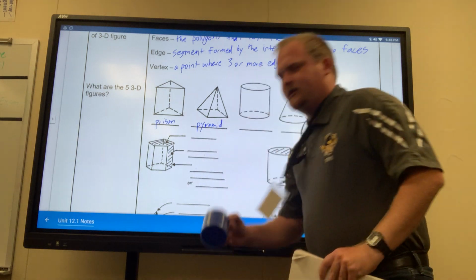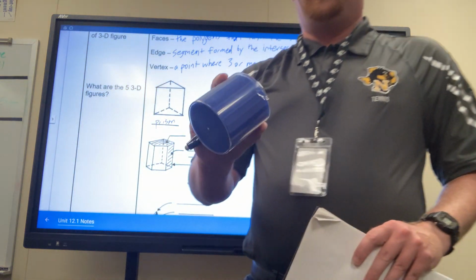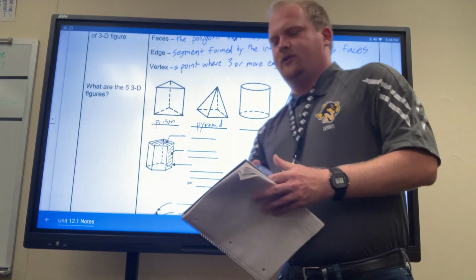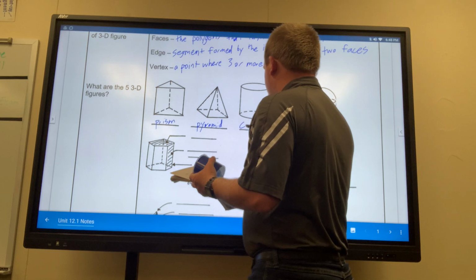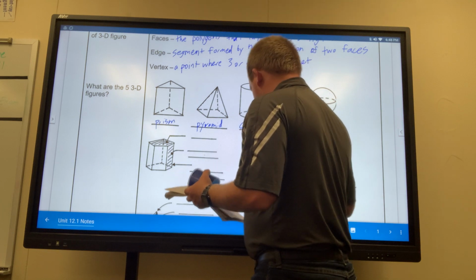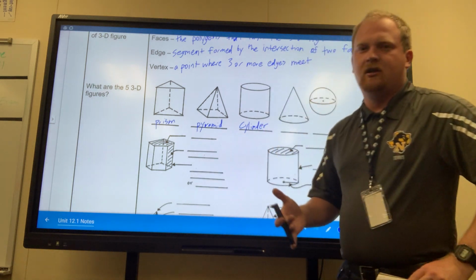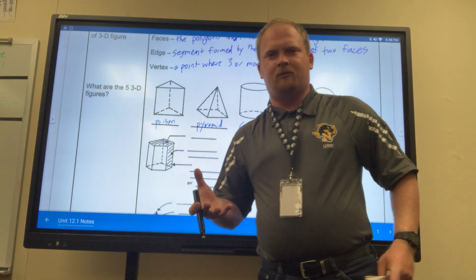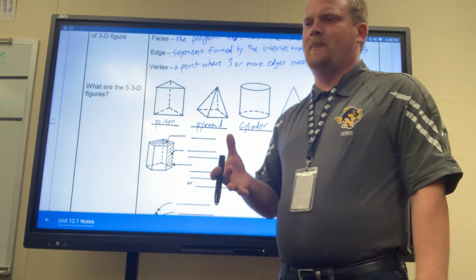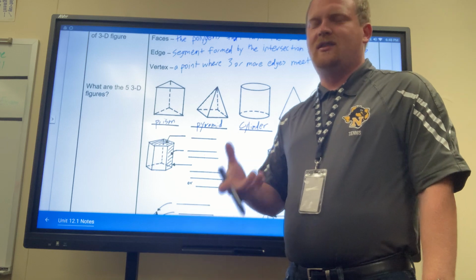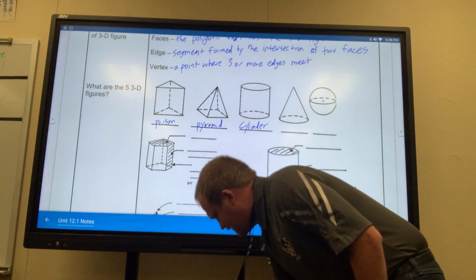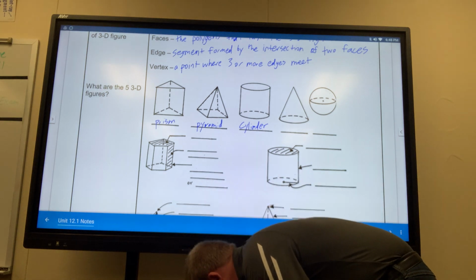Now this right here, where the two bases are circles, is called a cylinder. A cylinder is basically just like a can. If you take a can of corn, that's a cylinder. The corn is contained in a cylinder.